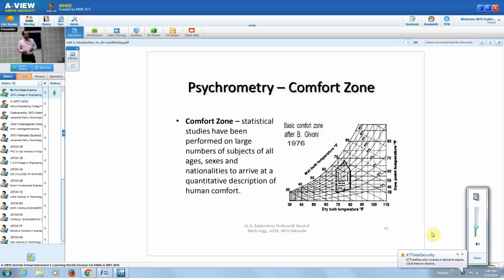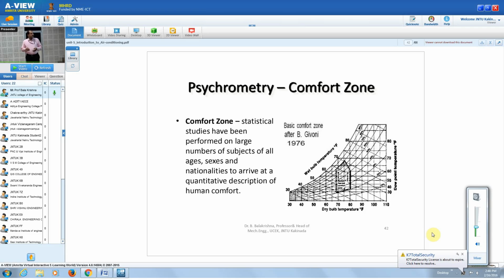So this is the common total graph of your psychrometric chart. In this, maybe all lines are included. These curve lines are called relative humidity lines, and these inclined lines are called the wet bulb temperature lines, or if you extend them, enthalpy lines again.